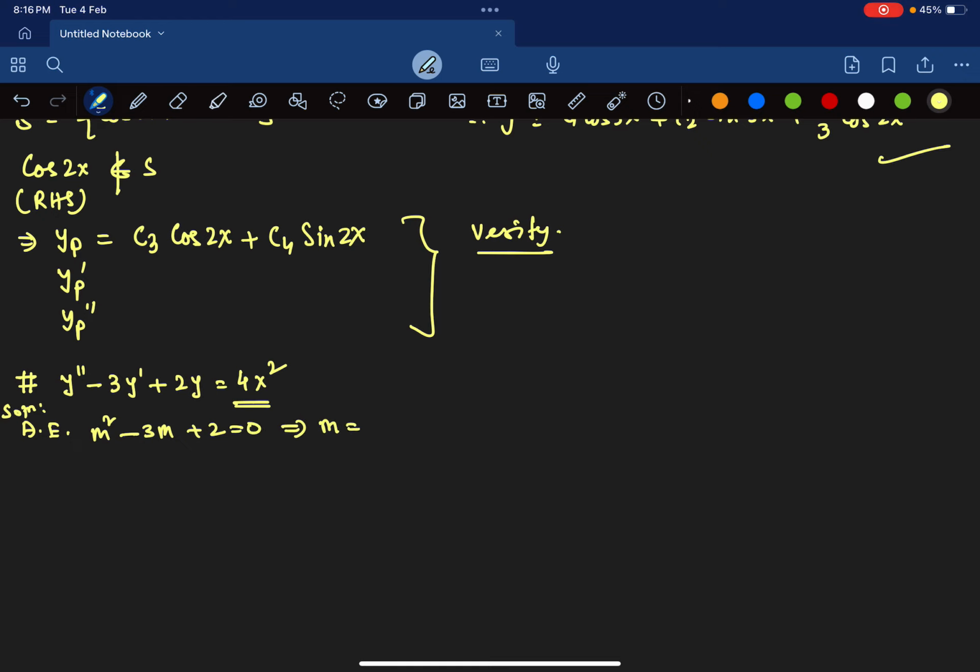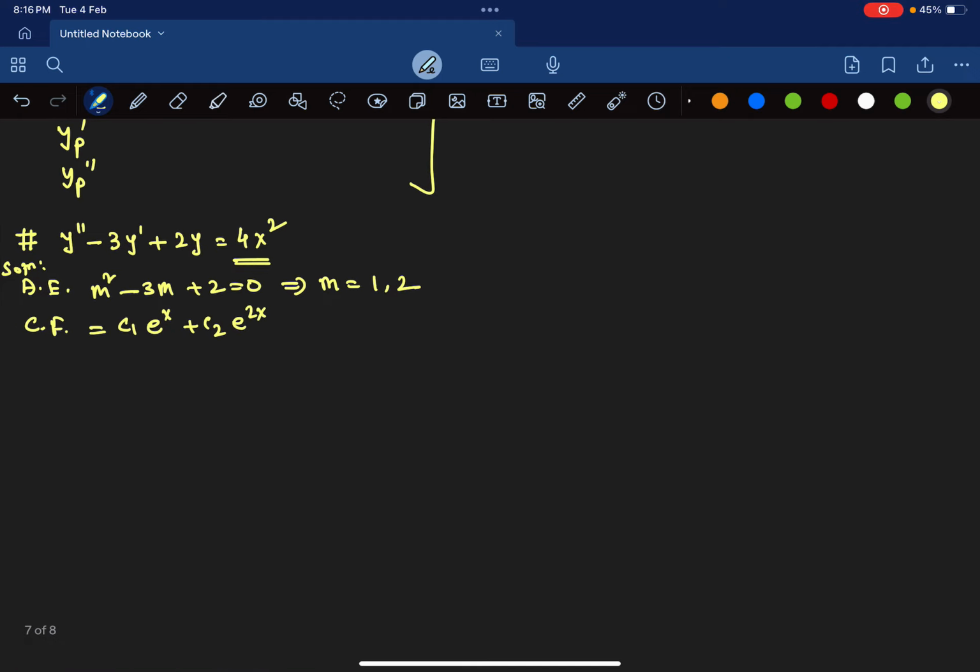So from here m is equal to 1 and 2. So the complementary function is given by c1 e power x plus c2 e power 2x. So the solution set is e power x, e power 2x. Obviously the right hand side does not belong to S.